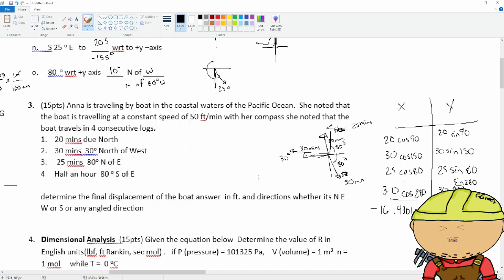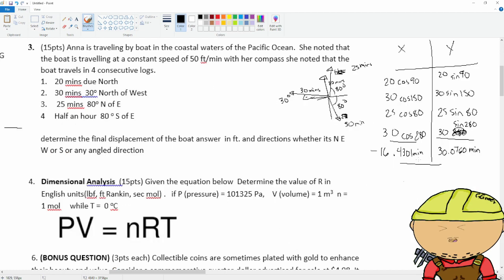Okay, I think I did my angle correct, and that is x and y. To determine the final displacement, let's use d is equal to the square root of negative 16.4301 squared plus 30.0760 squared. Take note, the minute is still time.